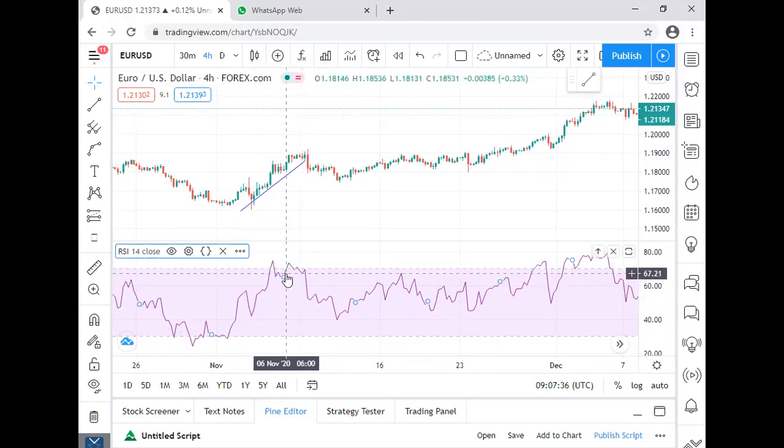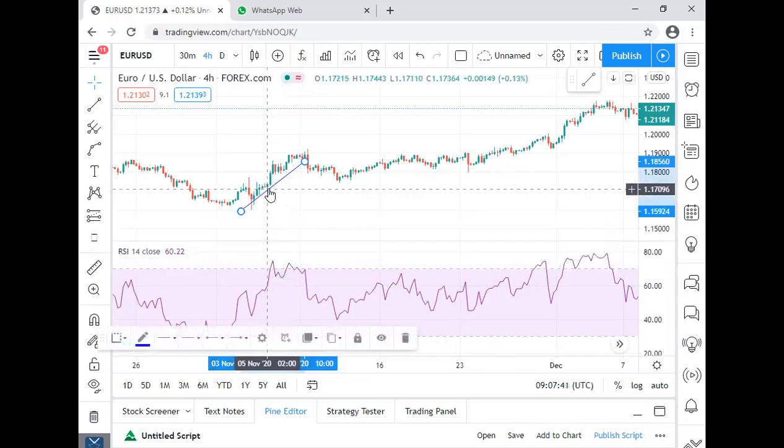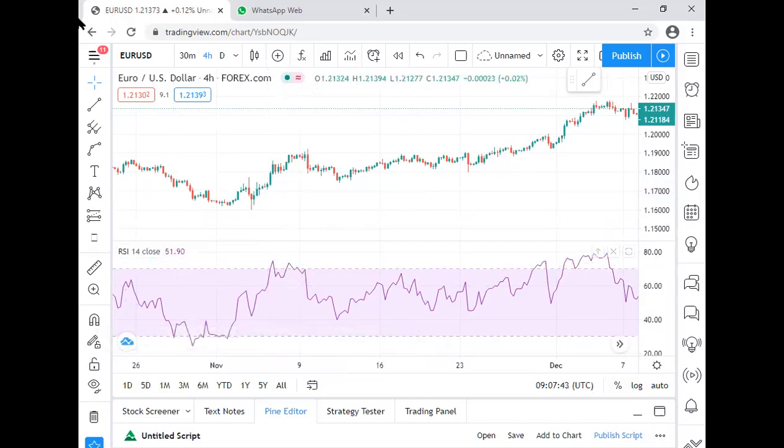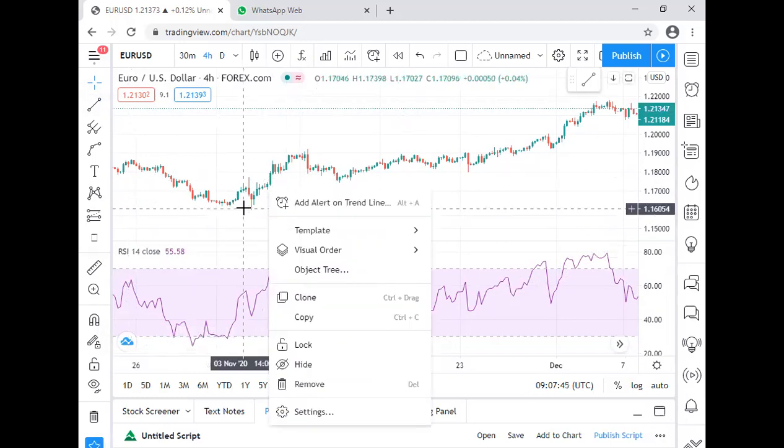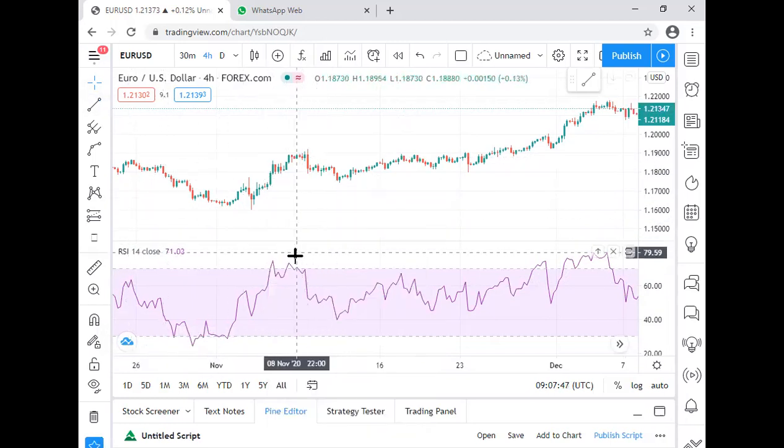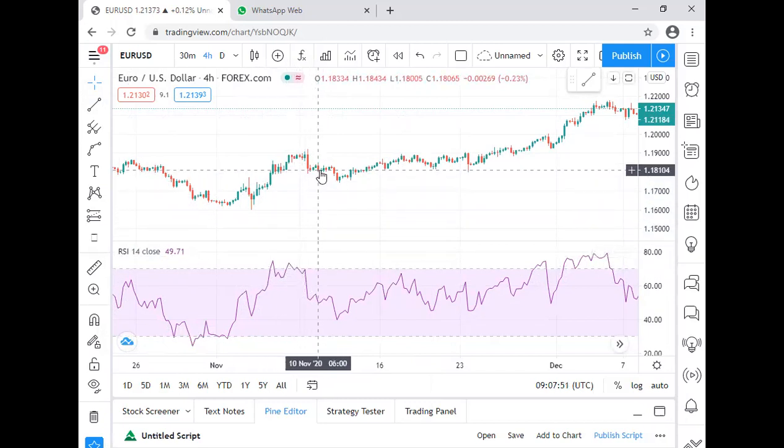Now you see that when you got to this point here, the overbought region on the RSI, price was ranging, and at this point, price kept on ranging.